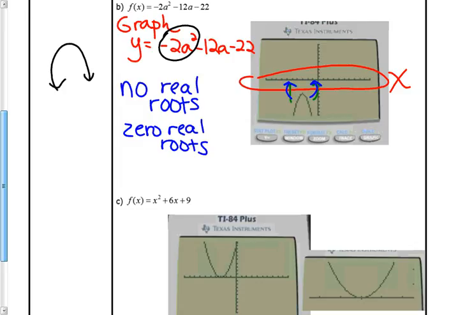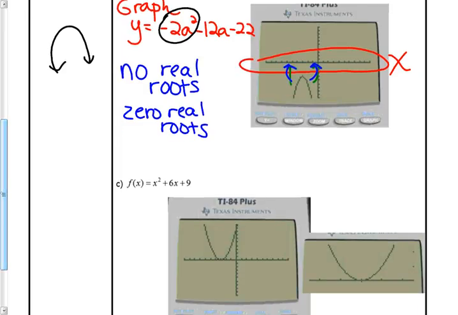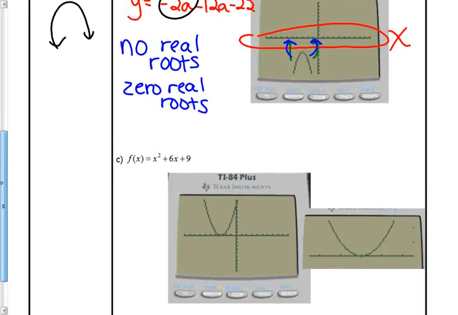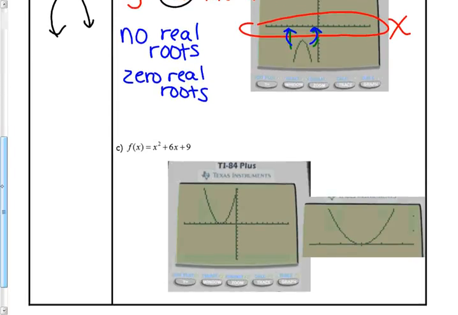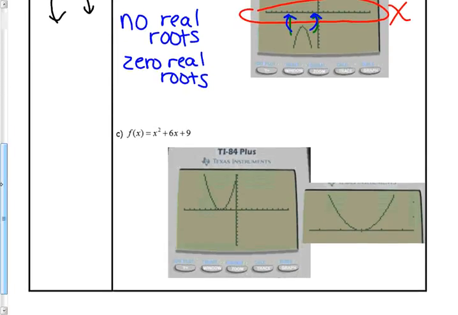All right, so letter C. Again, we want to know how many real roots we have. How many times does this cross the x-axis? Or how many x-intercepts do you have? So if I'm going to graph this one, again, you're going to put that in your y equals.